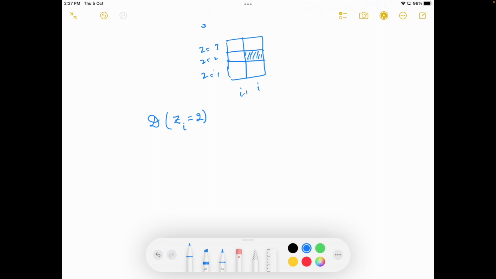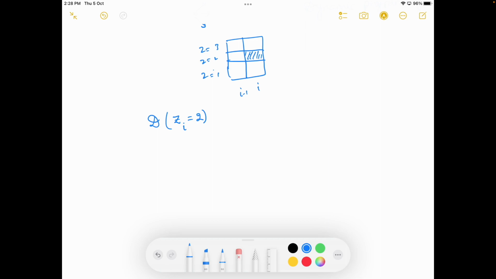The best path to reach this state will be equal to what? I have not told you anything else, I just gave you this much information. The best path to reach here will be the best path to reach here plus the score to come from here to here, or the best path to reach here plus the score from here to here, or the best path to reach here plus the score from here to here.